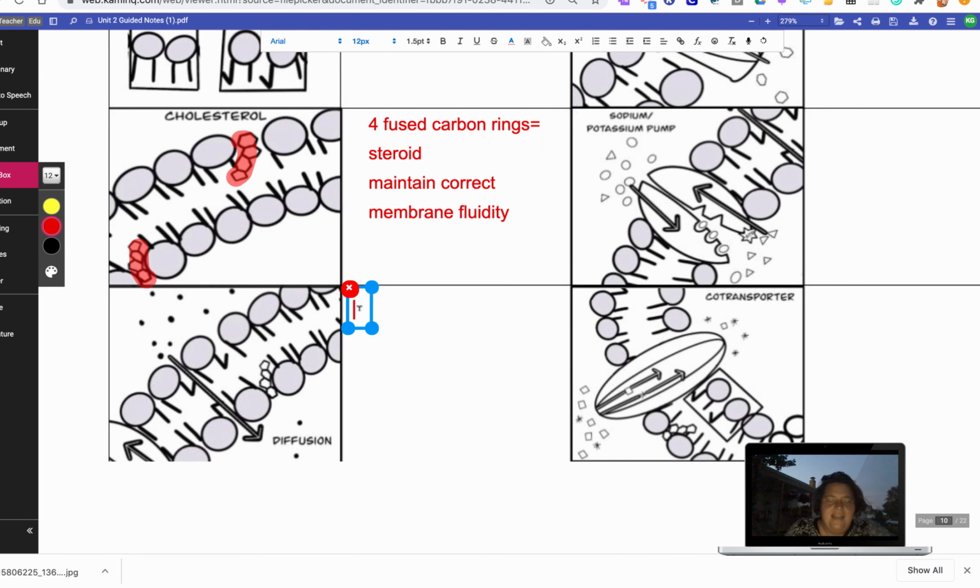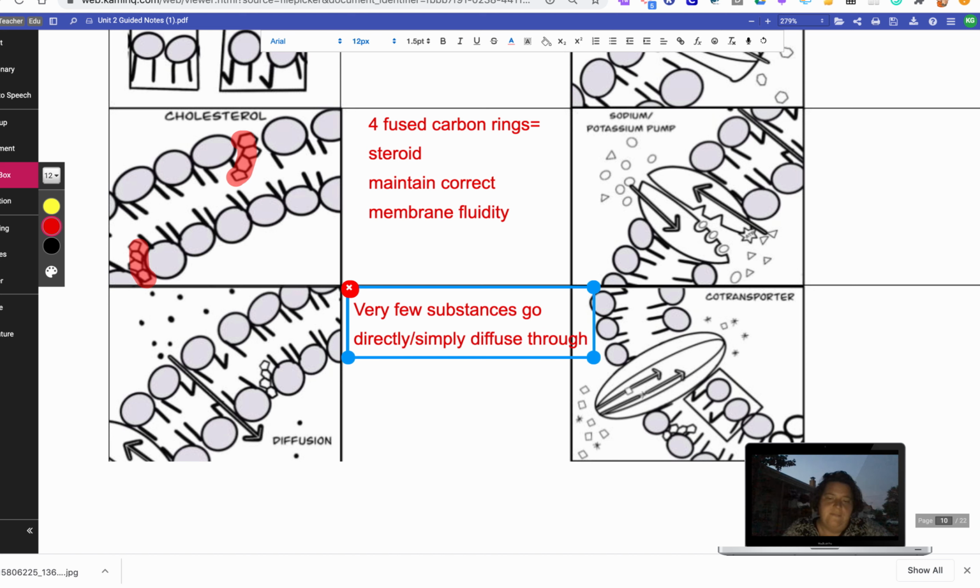All right. Good one here. Just looking at not necessarily a membrane component, but how something can get through the membrane by simple diffusion. Very few substances can directly or simply diffuse through the membrane. That's important to remember.